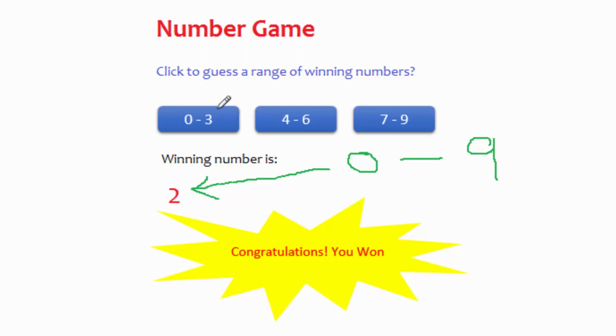For example, here, if I click this and the result becomes 2, it means I have won because 2 is in the range of 0 to 3.